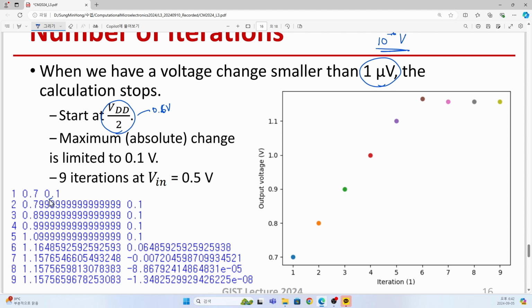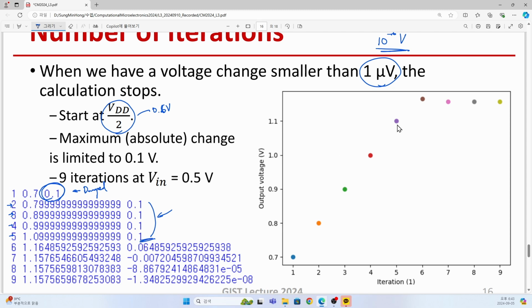However, in this case, we just restrict it to 0.1 volt. It means that this is already damped. And here you can see that even in the second, third, fourth, and fifth cases, we have the damped update.